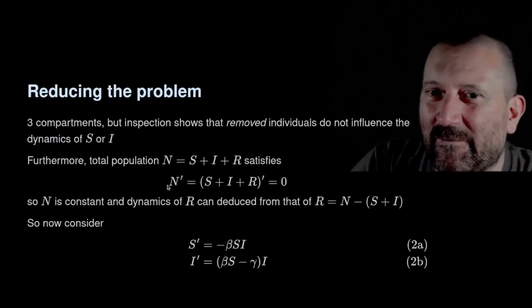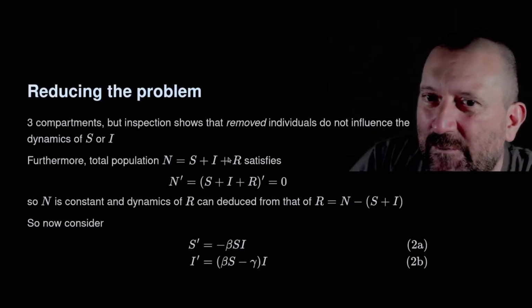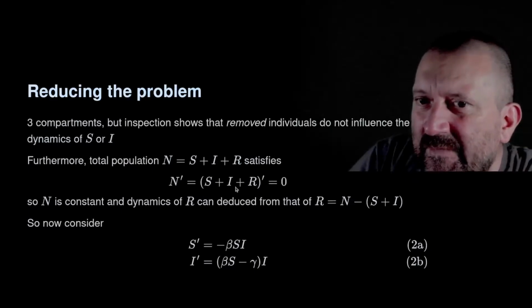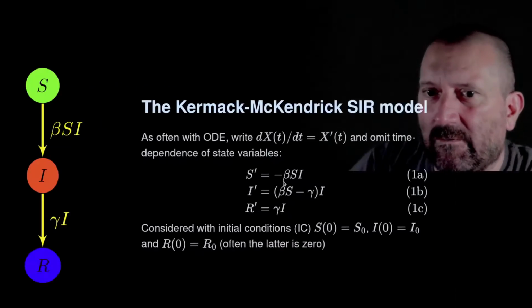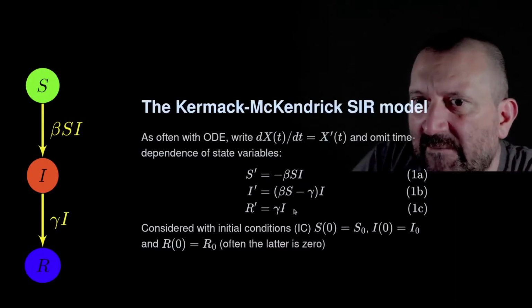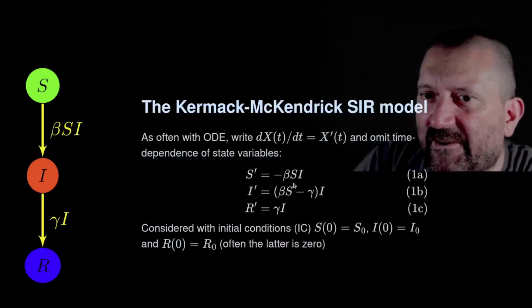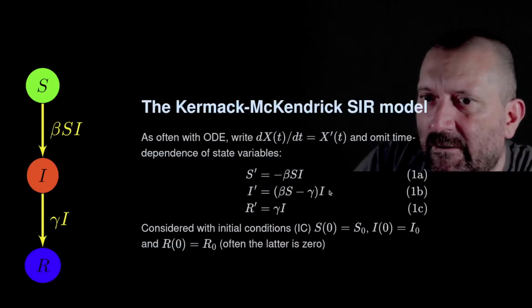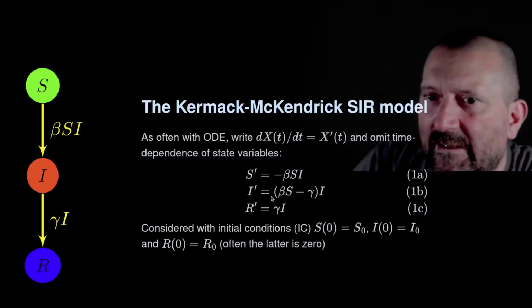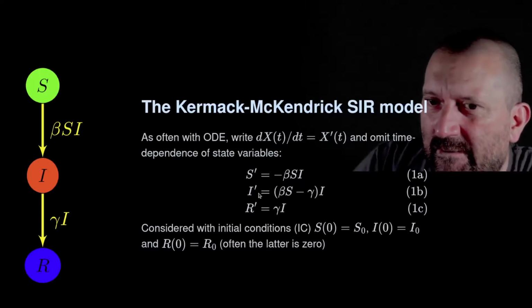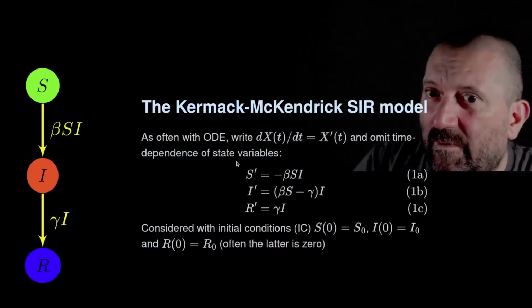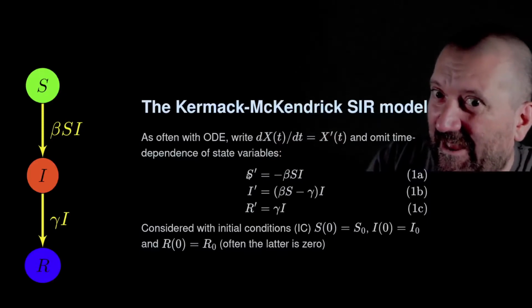And that's the second part of the argument. If you look at the total population, N of t, when you take its derivative, that derivative is 0. You can see that by just summing the right-hand sides of these three equations. Minus beta SI cancels out with the beta SI here, and minus gamma I cancels out with this gamma I. So the sum of the three right-hand sides is 0, and the sum of the left-hand sides is N prime.